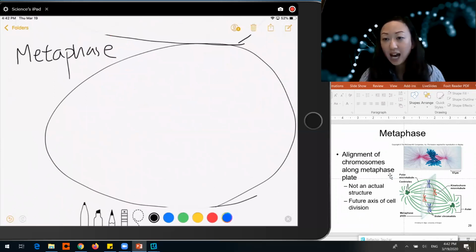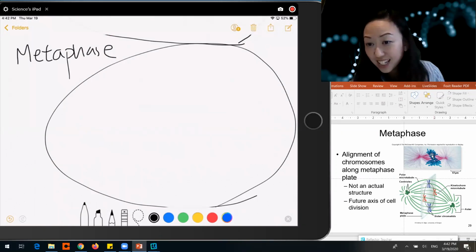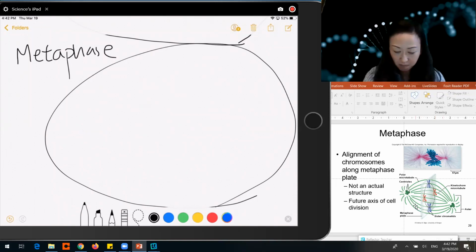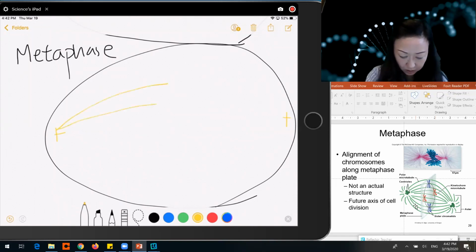And what happened is you are seeing the actual chromosomes right here, pretty cool. That blue part is all the 46 chromosomes, if this is human, lining up in the middle. And then this red thing is the microtubules reaching out. So what happened in metaphase is you've got the centrioles coming out.